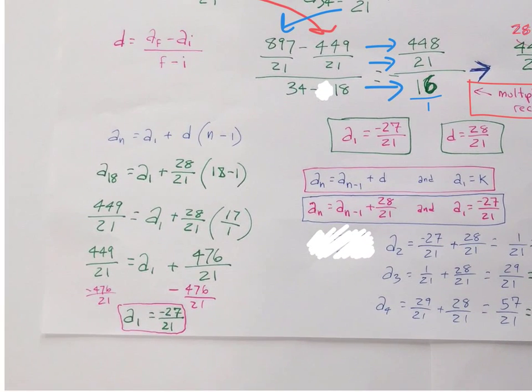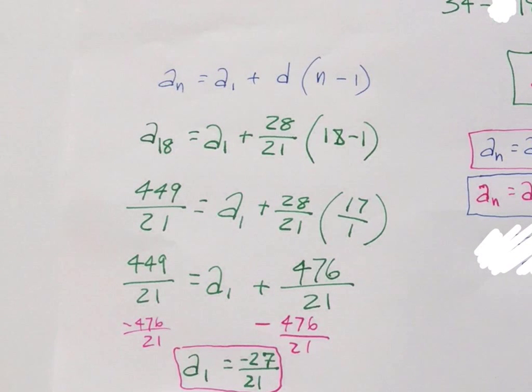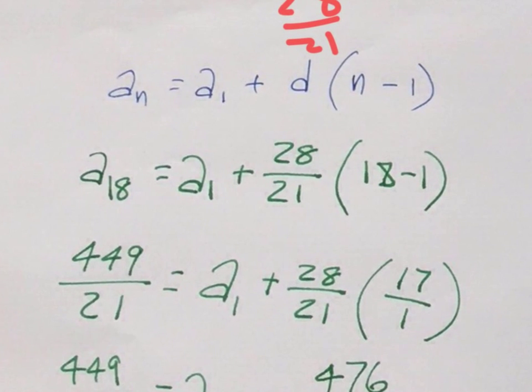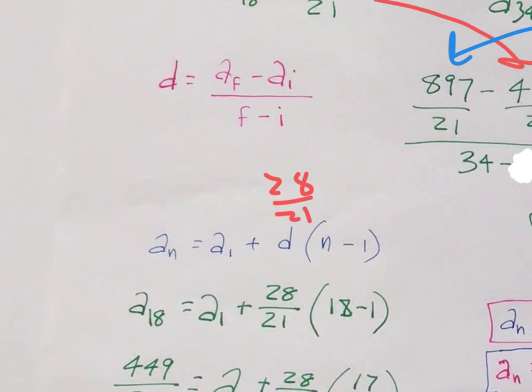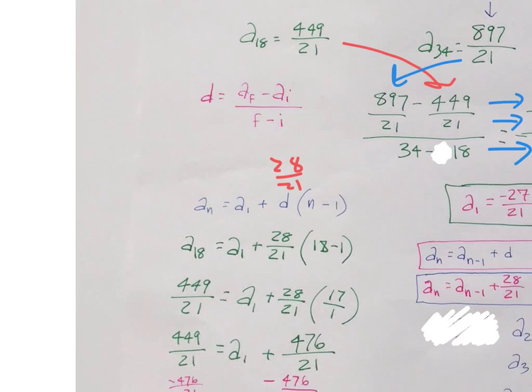So 28 over 21 is our new difference. Okay, I'm going to write that right there. Great, now for our explicit equation formula, we are going to use the 18th term, 449 over 21.